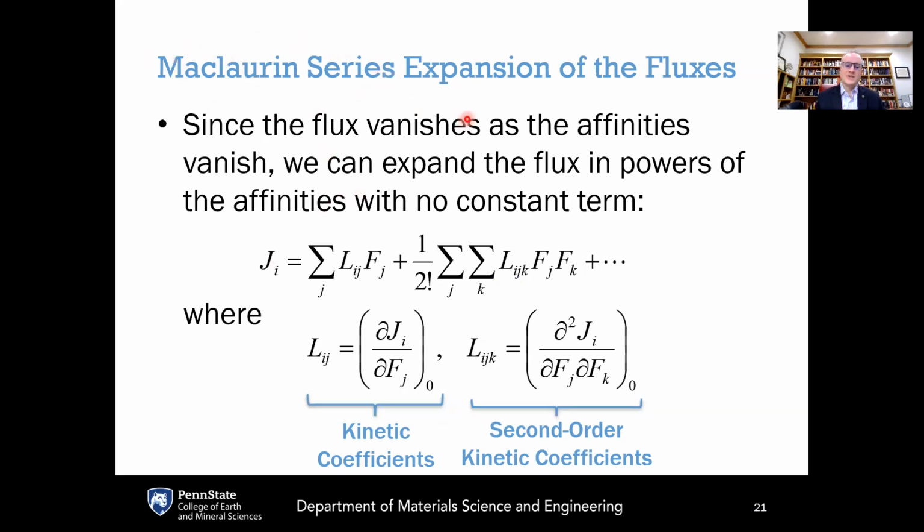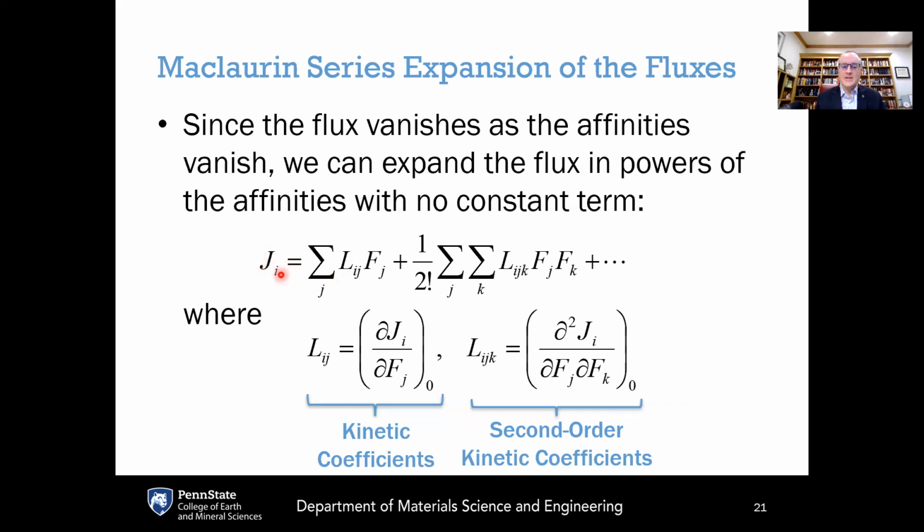So a Maclaurin series is a Taylor series where the first term is zero. And so what we're left with here, the first non-zero term, is the linear term, where we have a summation over all the thermodynamic properties of the system, all the thermodynamic coordinates, the affinities of each of those thermodynamic coordinates, F sub j, and then the prefactors out in front, L sub ij.